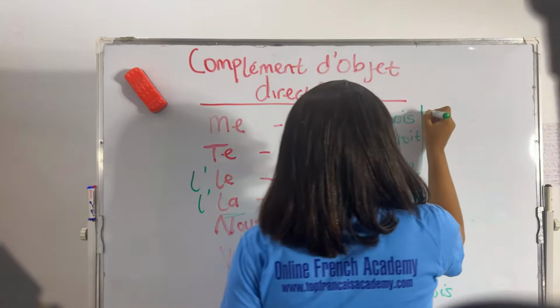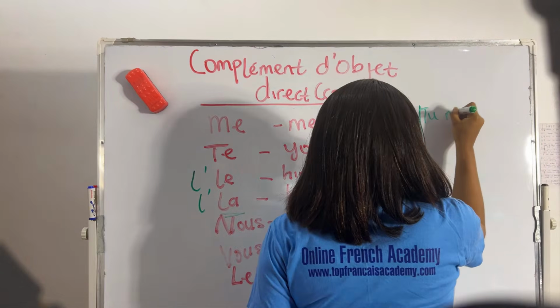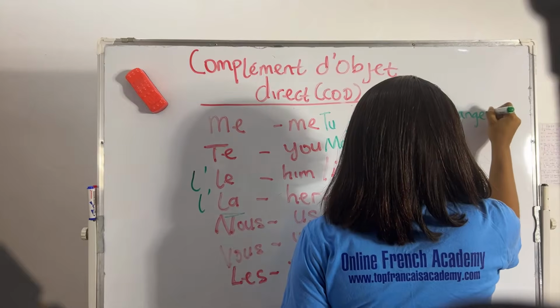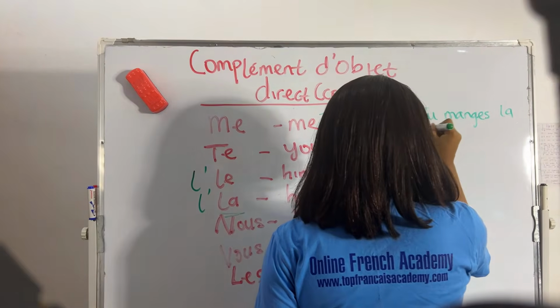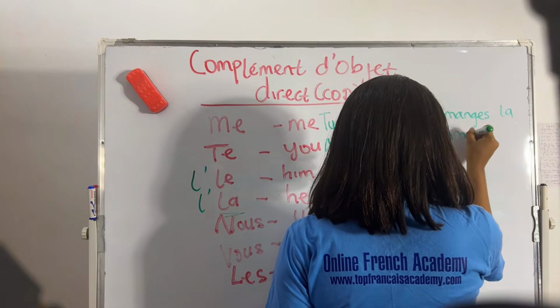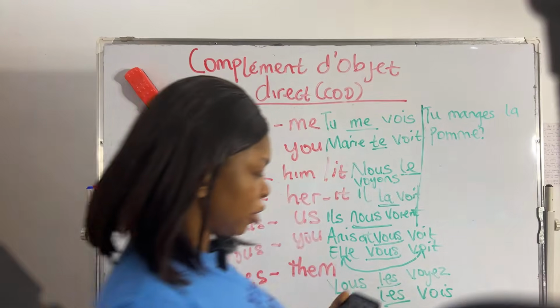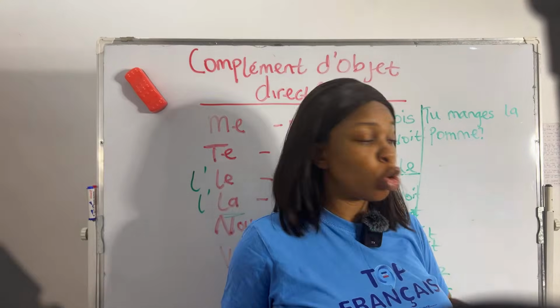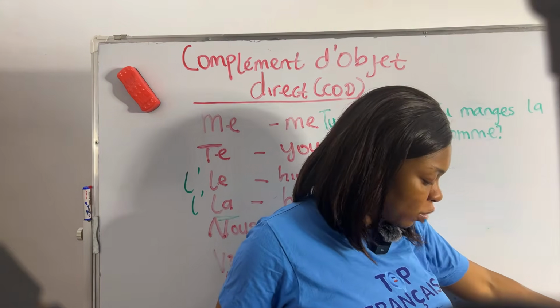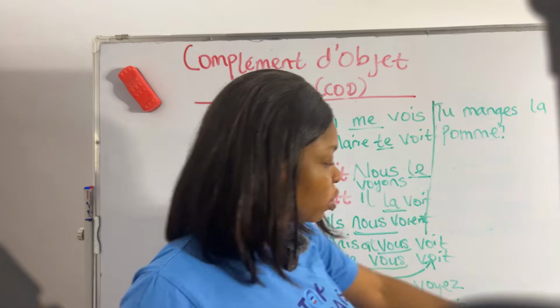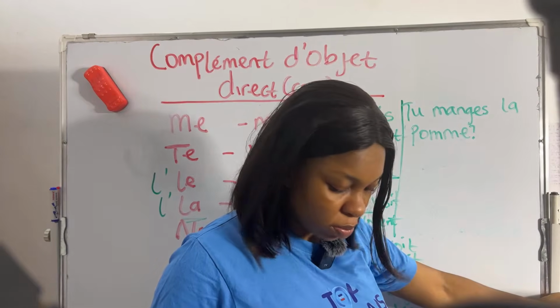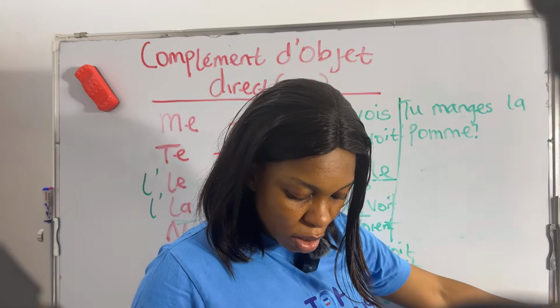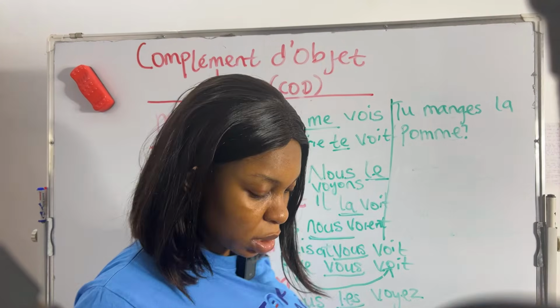So I can just ask, tu manges la pomme? Look at that. Tu manges la pomme? It's a question. Now, don't forget, we want to do our COD response to what now? I really want to bring this closer because I want to be sure that we are seeing it very well.